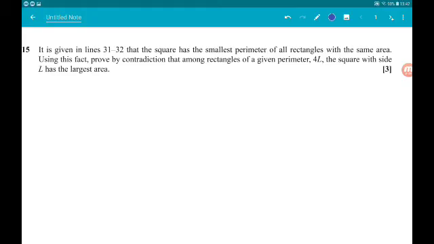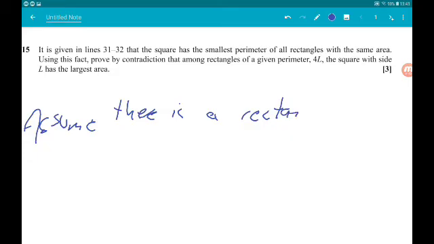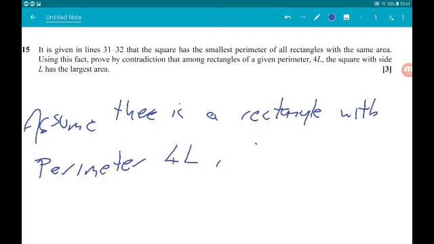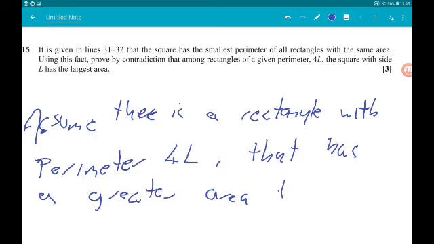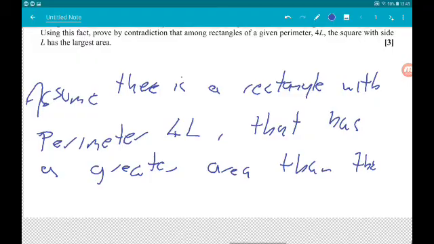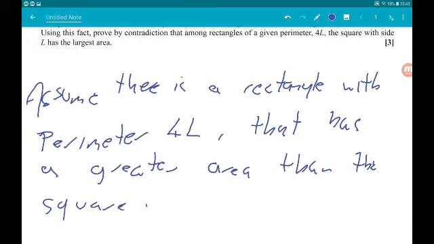So we are going to assume there is a rectangle with perimeter 4L that has a greater area than the square with perimeter 4L. Now, let's think about what that means.